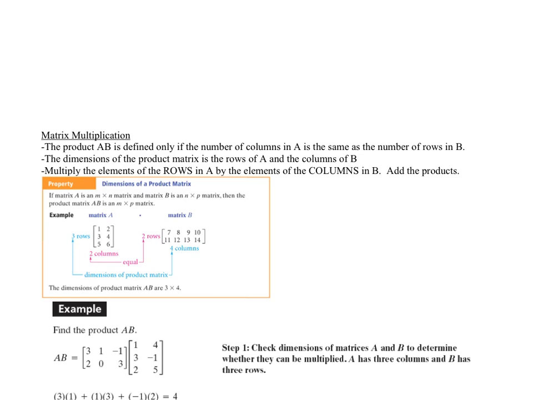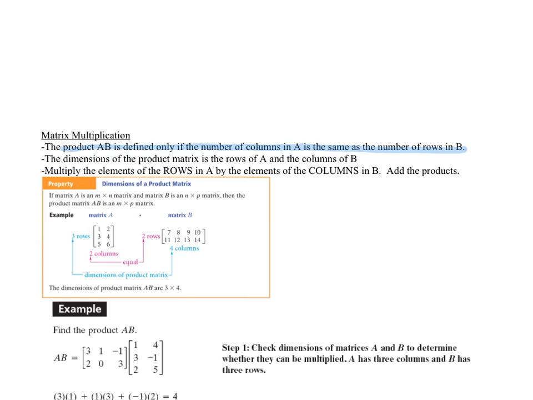If I'm ever going to multiply two matrices together, there's a rule we have to follow. It says the product A times B is defined only if the number of columns in A is the same as the number of rows in B. That looks kind of complicated, so let's take a look at what it really means.